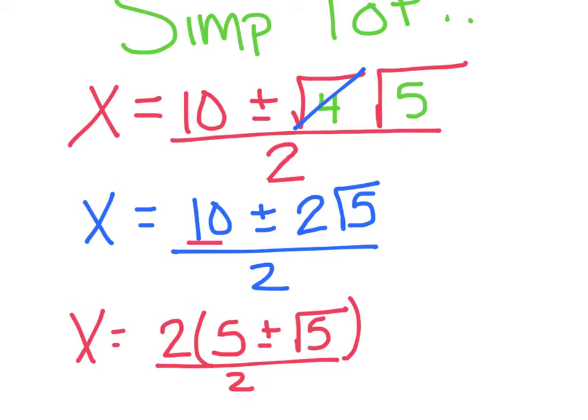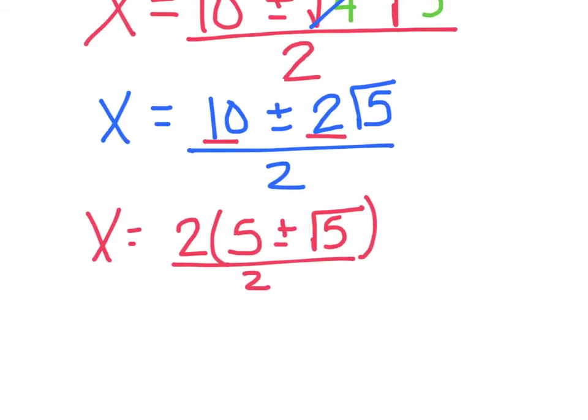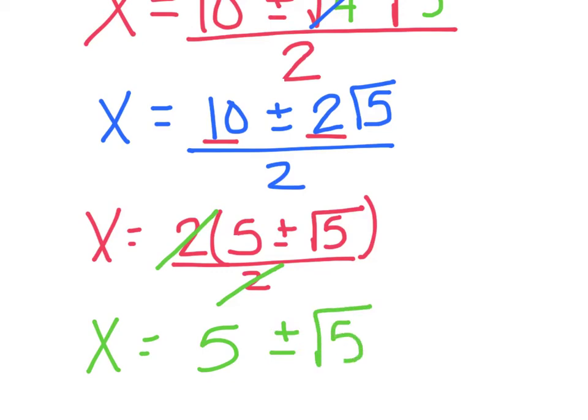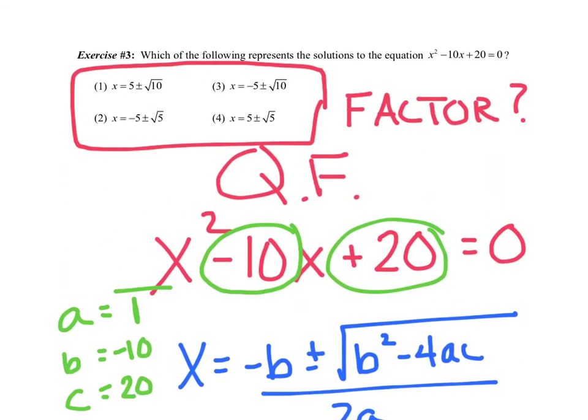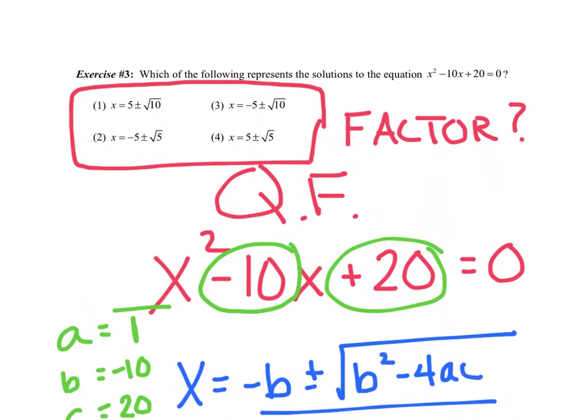Remember, this is divisible by 2 and that's divisible by 2, so factor it out. And then I can cancel this 2 on top with this 2 on the bottom. So I get x equals 5 plus or minus radical 5. Let's scroll back up and see if that was a choice. We said 5 plus or minus radical 5. So I can kill this one, and I am definitely going to go with choice 4.